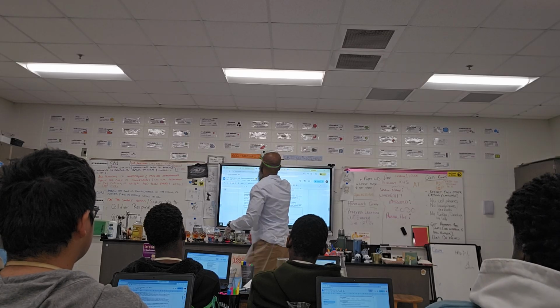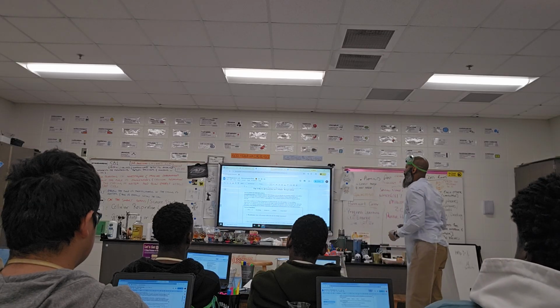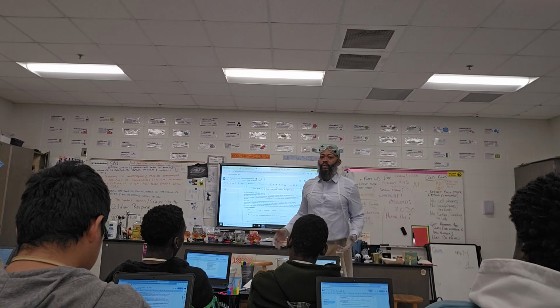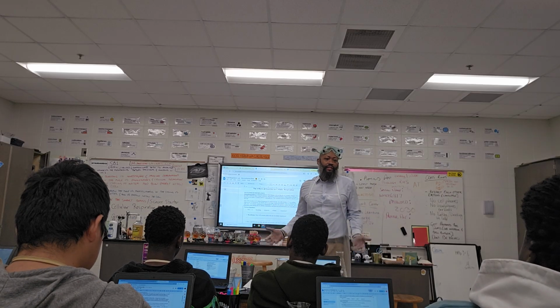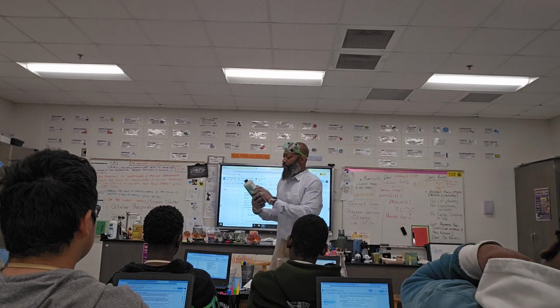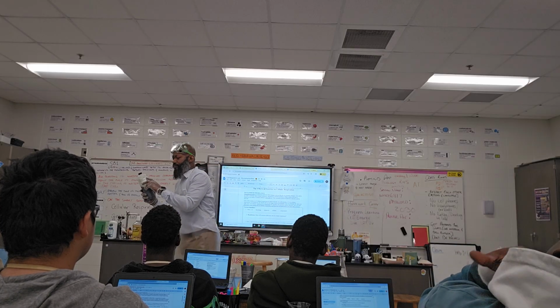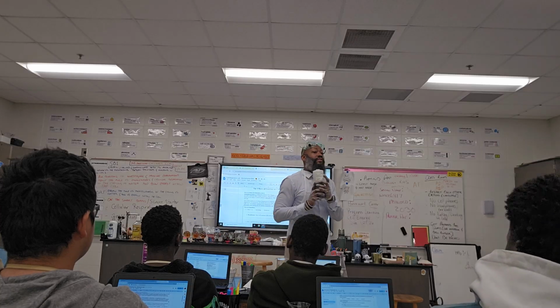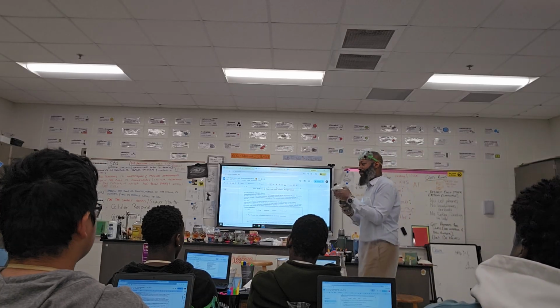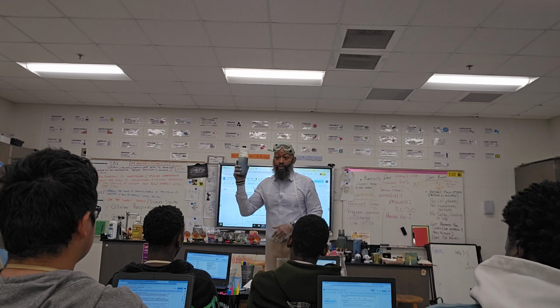All right, so it's a chemical indicator, right? What is a chemical indicator? What's an indicator? It's going to let us know what? Information. Right? So this bromothymol blue says 0.04% bromothymol blue. That means that 99.9% of this is water.